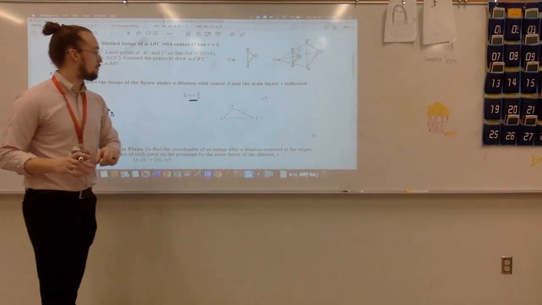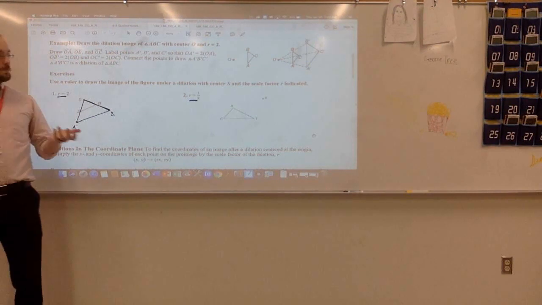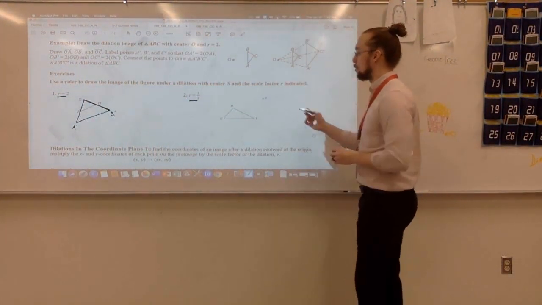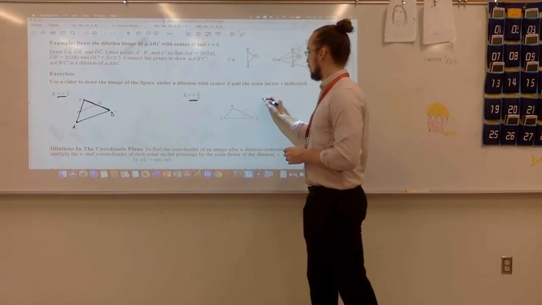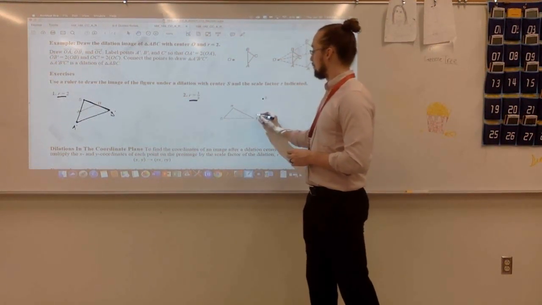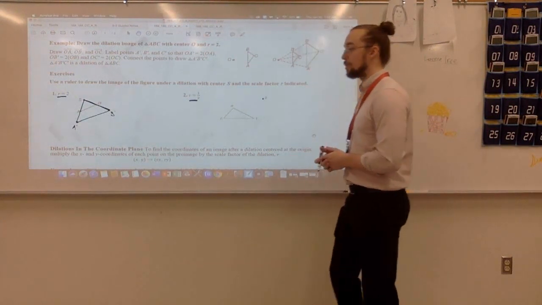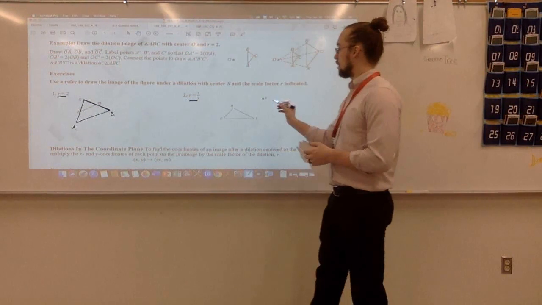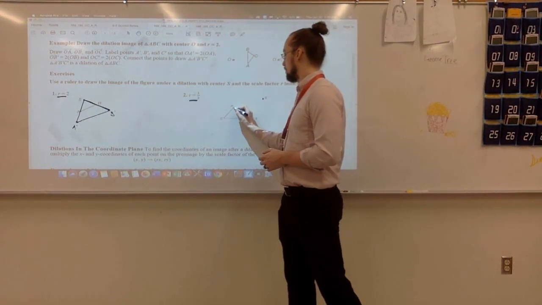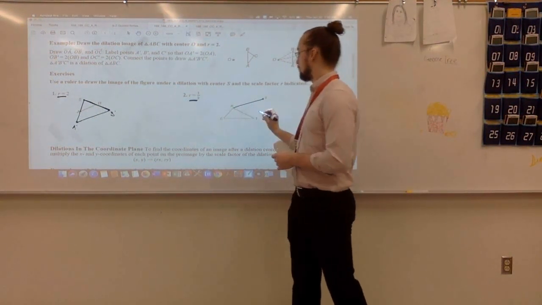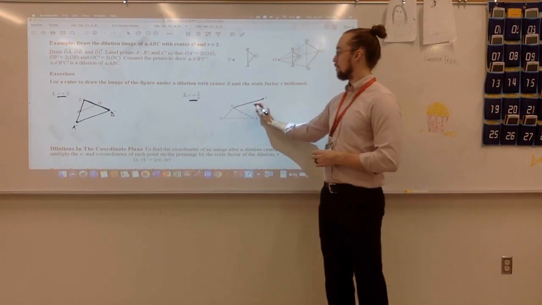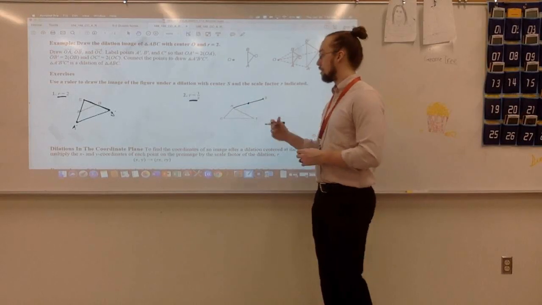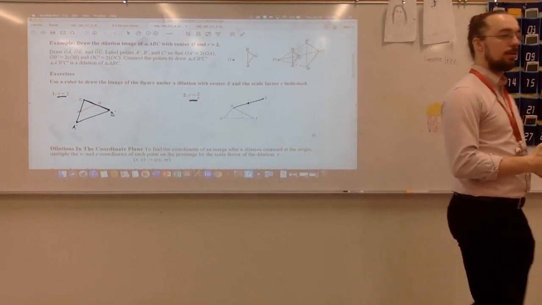Fair. So for number 2 here, our scale factor is 1/2. So we're taking the distance from our center of dilation to each of these points and cutting that in half this time. Okay, so see if you can give that one a try. And sketch the distance from each vertex, find halfway, and put in our new coordinate points.